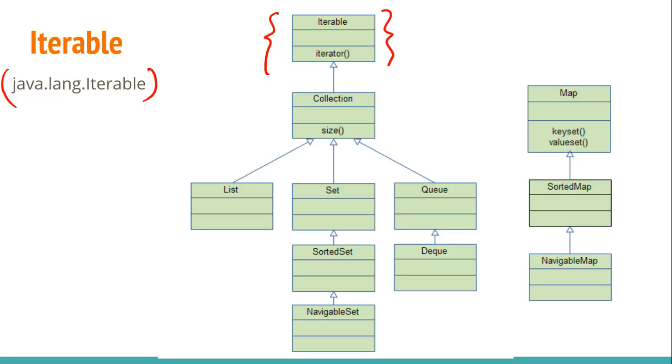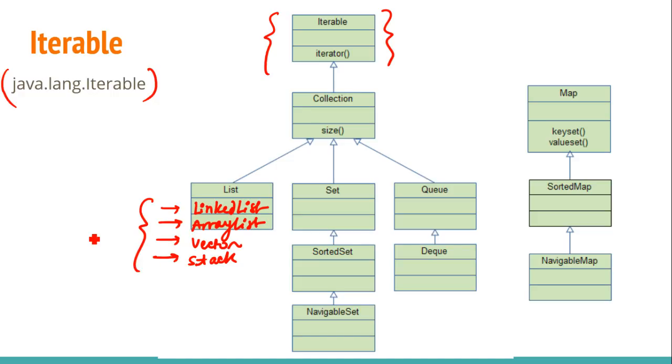Now, as part of this collection framework, there are several implementations. We have LinkedList, ArrayList, Vector, Stack. These are all explicit implementations of the List interface.